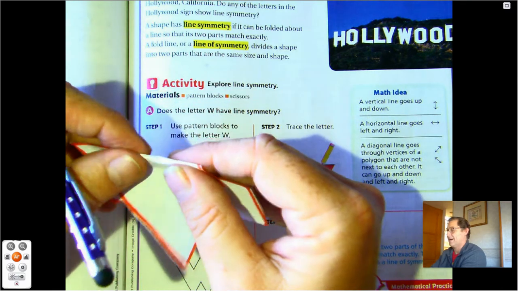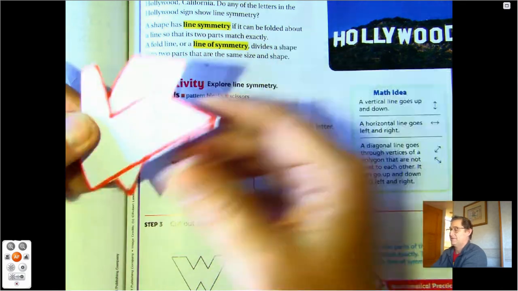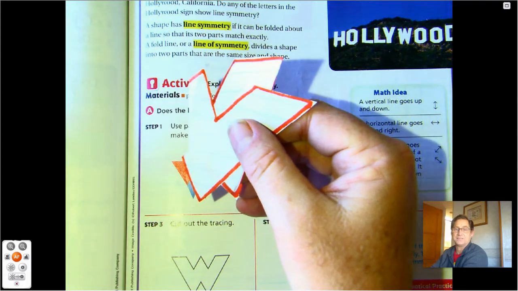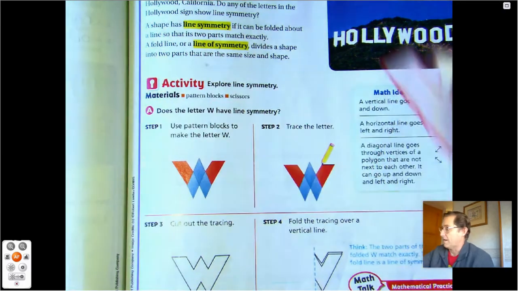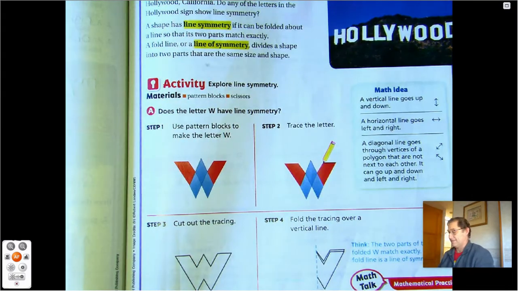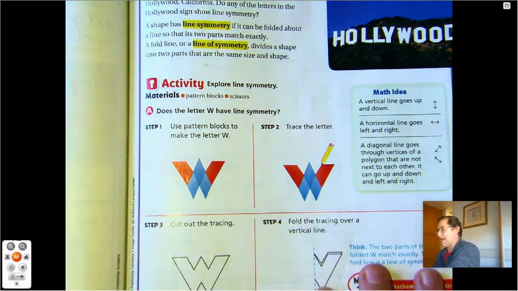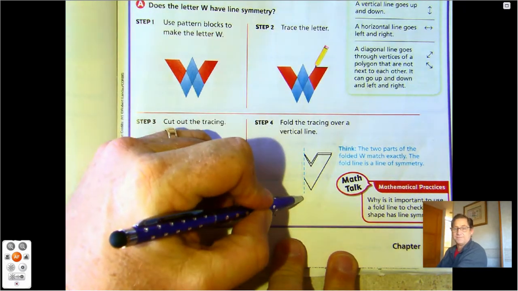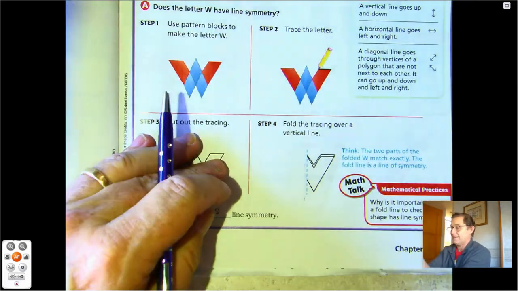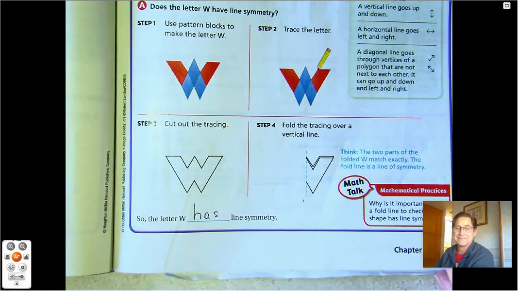If we fold it diagonally in half, again, they don't match. So it's not diagonal line symmetry. All right, so the letter W does have line symmetry. It is vertical line symmetry, so that the left and the right hand side of the W are exactly the same.